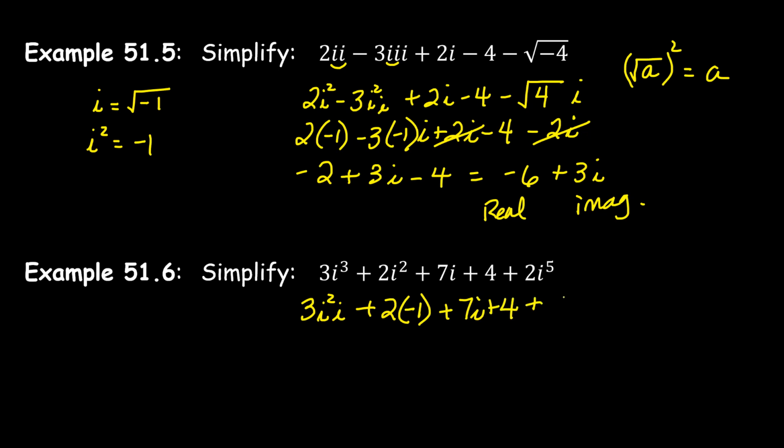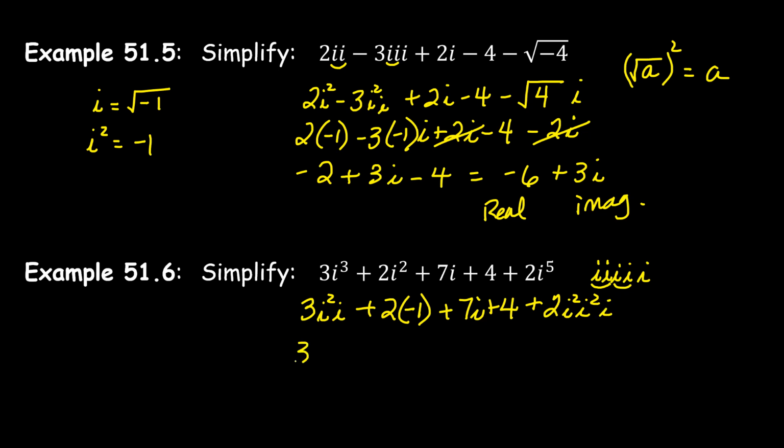And over here we have 2i to the 5th. So that's i times i, 5 times. All right, so every 2 of those is going to give us a -1. So we're going to rewrite that as 2i squared times i squared, and then there's one more i left over.